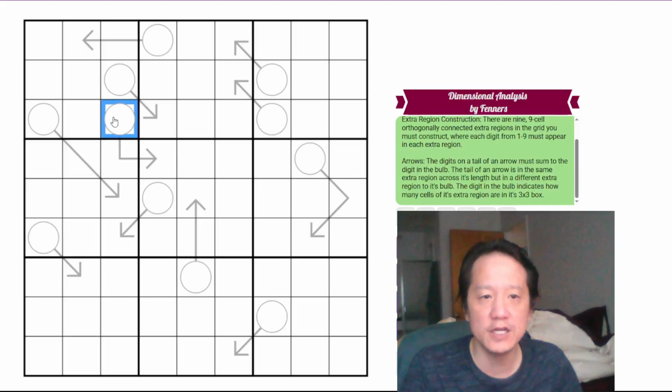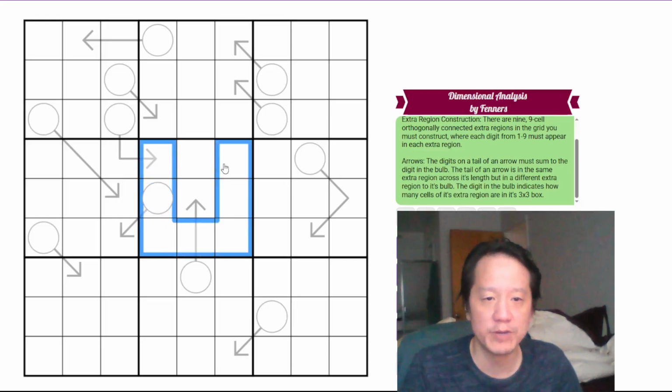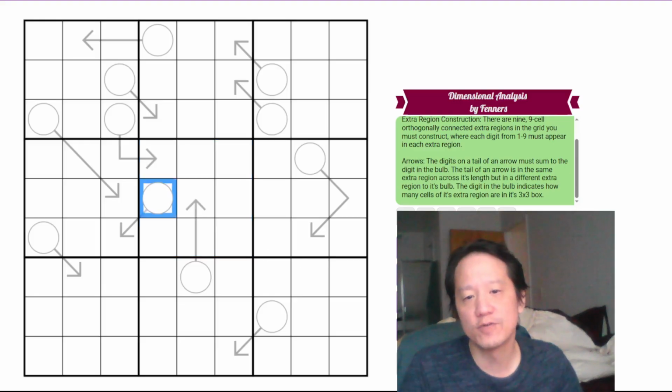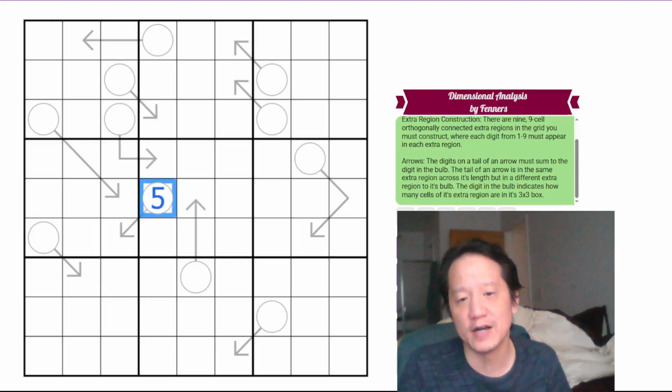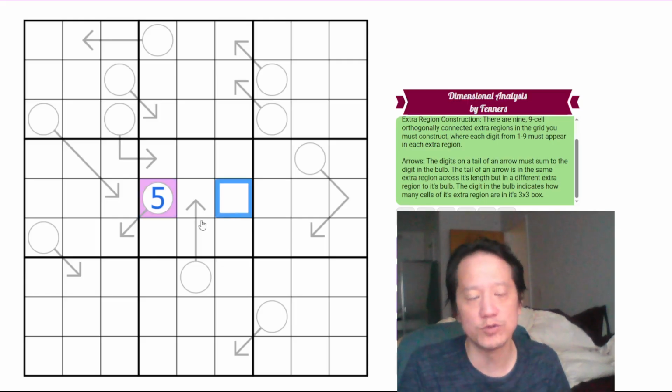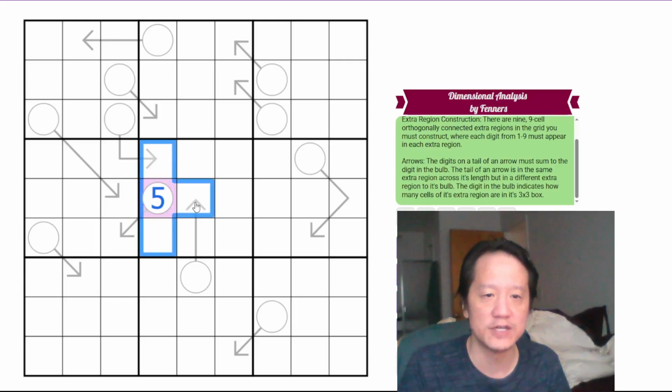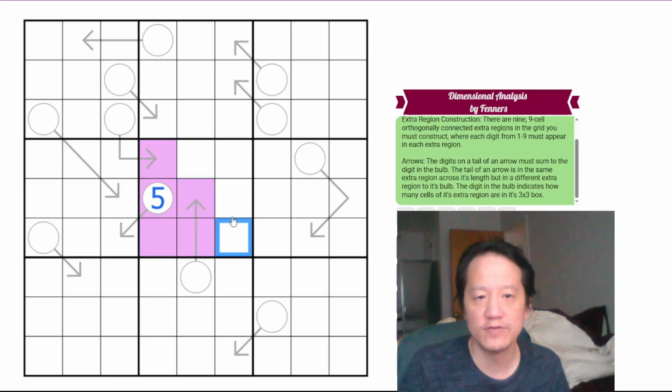These have to be the same as each other, and they have to be different than the bulb. And the digit in the bulb indicates how many cells of its extra region are in its 3x3 box. So for example, if this were a 5, then the number of cells in this extra region that are in this specific box has to be 5, right?